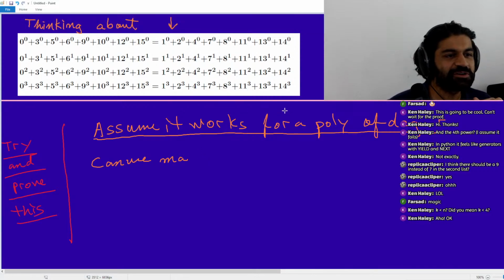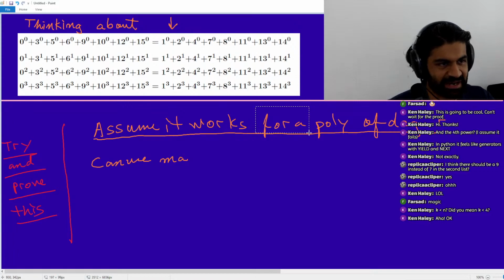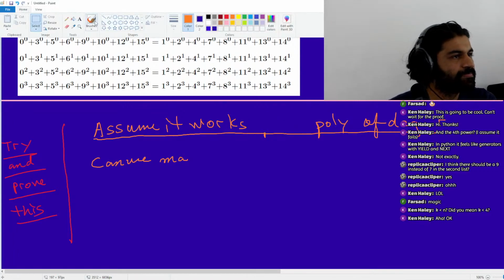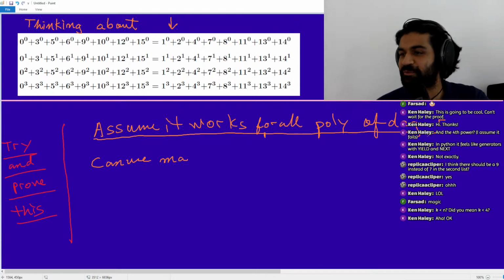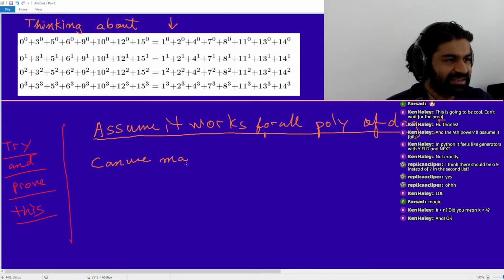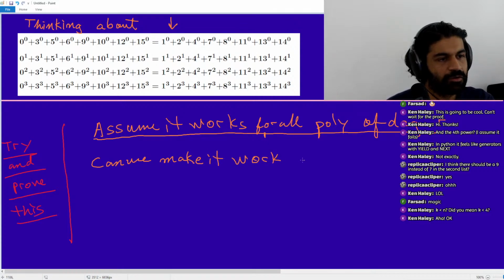Assume it works for all polynomials of degree r, and then can we make it work for all polynomials of degree r plus 1?